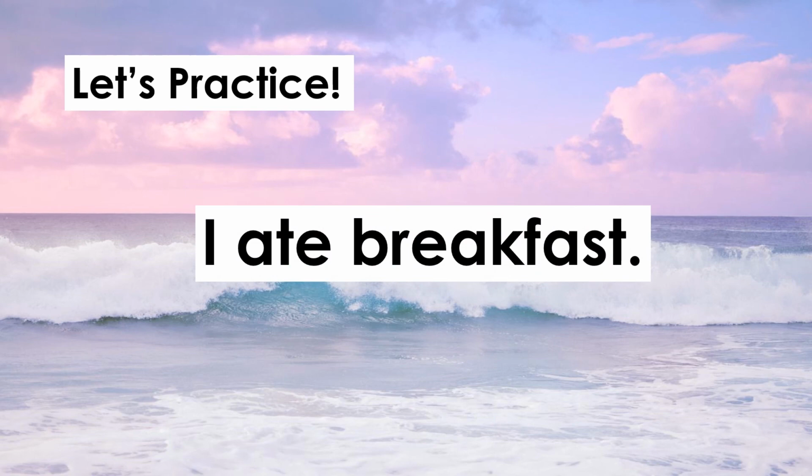I ate breakfast. Again, I ate breakfast. What is the subject in the sentence? Very good. I. What is the verb? Ate. Do we have any direct object or receiver of the action in the sentence?